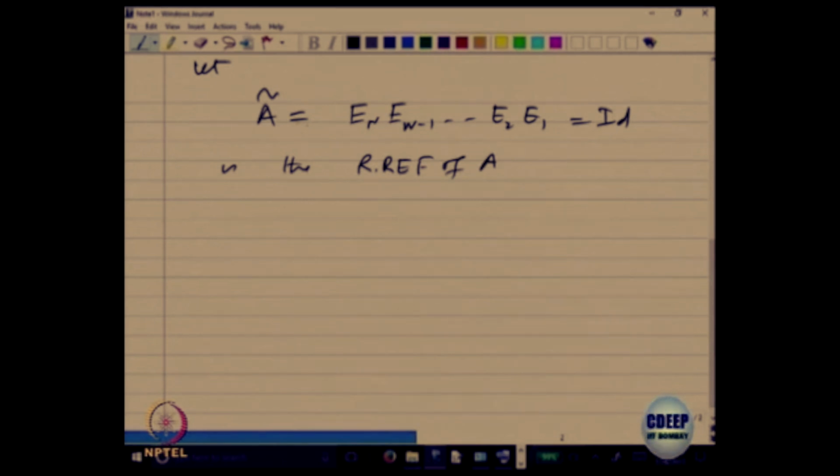So if that is the reduced row echelon form of A, then what should happen? A is invertible, that we have already said, and this is identity. So what is A inverse equal to then?